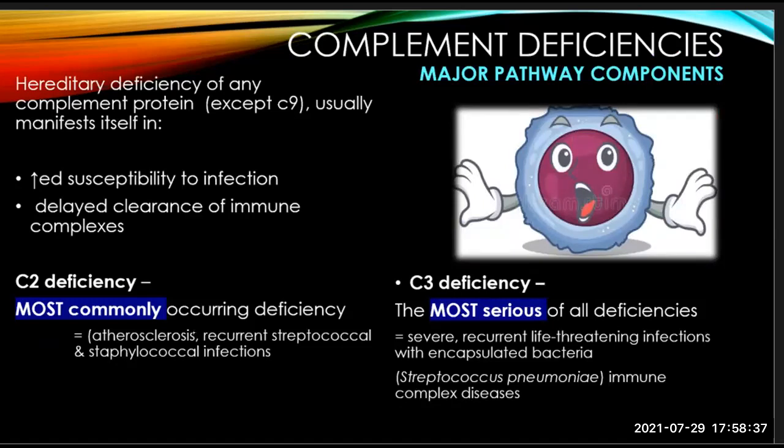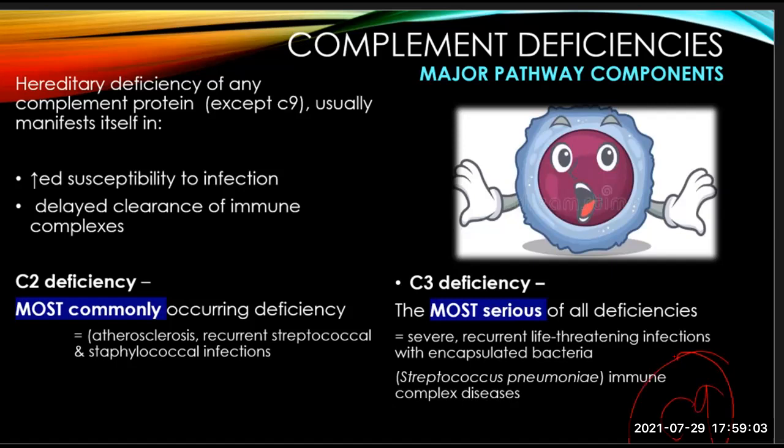Although excess activation of the complement system can result in disease states, lack of individual components also has a deleterious effect. So it's not only that having too much is a problem; when there's a lack, it's still a problem. Hereditary deficiency of any complement protein, with the exception of C9, because take note guys, C9 doesn't have any known disease association.